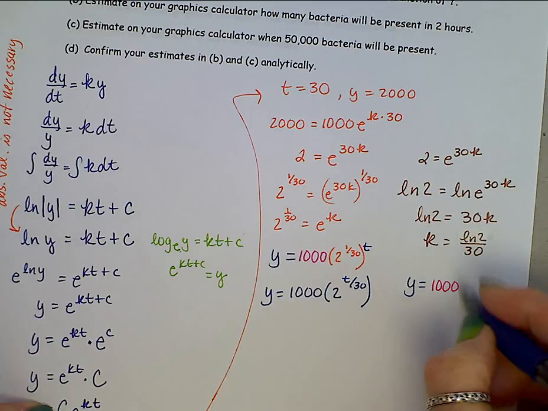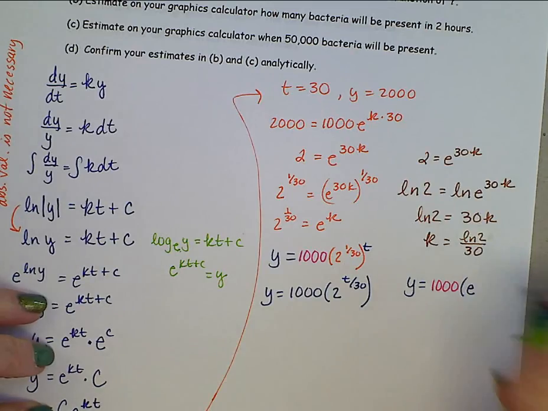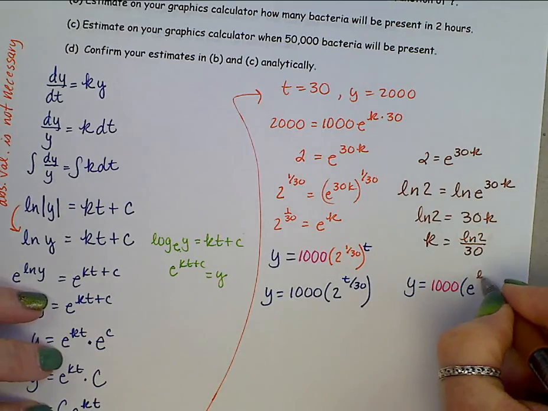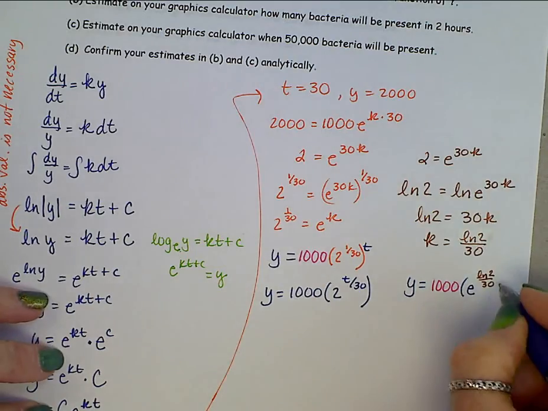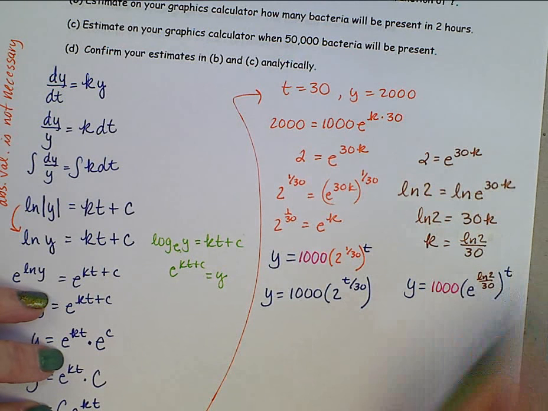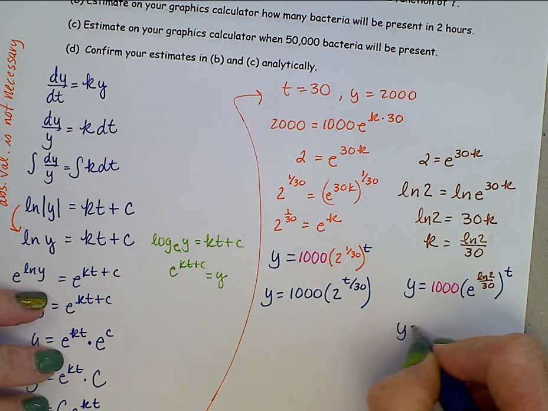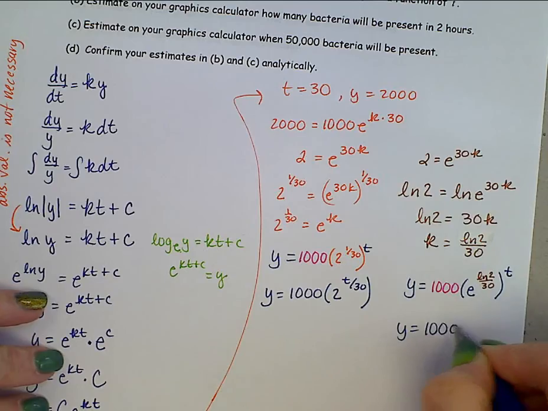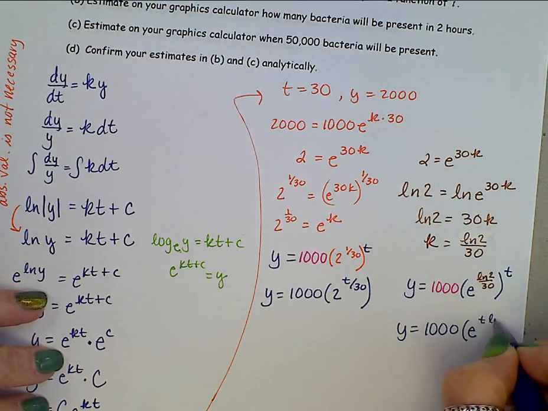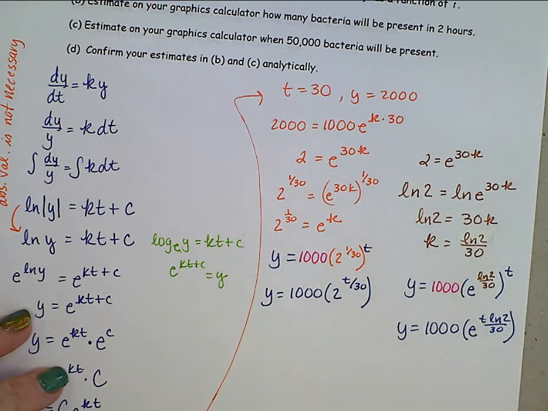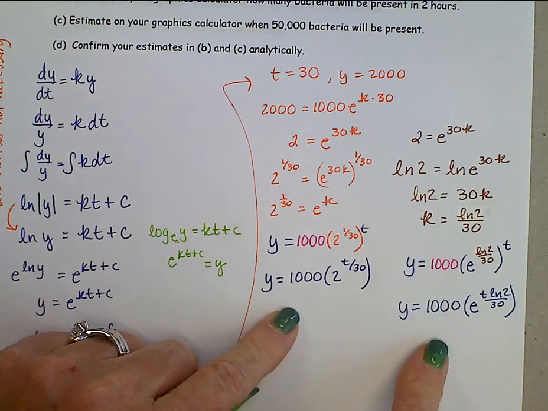So we have times e to the k, which was ln2 over 30, all of that to the t. So this simplifies down to be 1,000 e to the t ln2 over 30. Whew, that's the answer to part A.